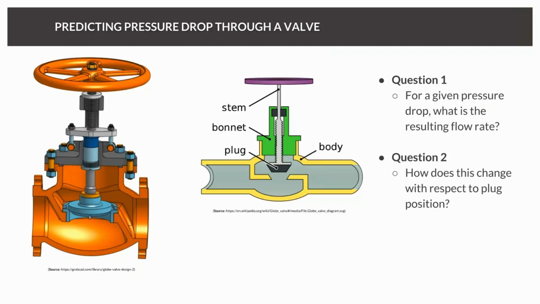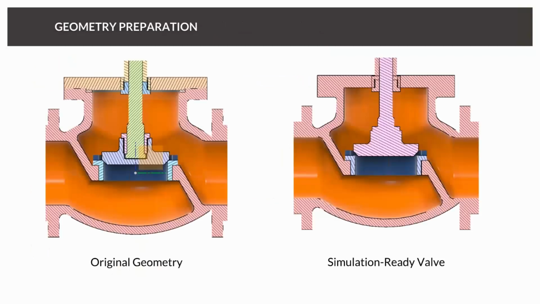I'm also going to take a look at forces on the valve, on the plug, and how that changes with respect to plug position. So here's a cross-sectional view of the CAD. On the left is the original untouched geometry, and on the right is simulation-ready geometry. So I basically combined a bunch of bodies.